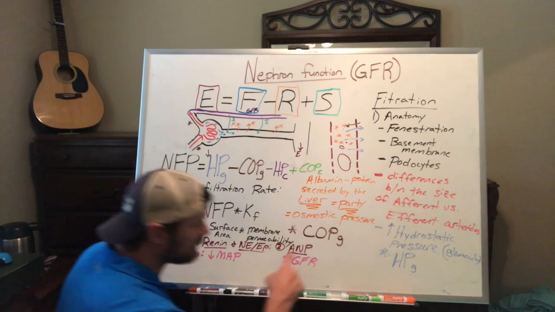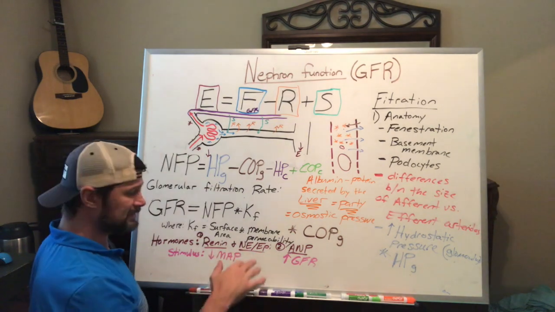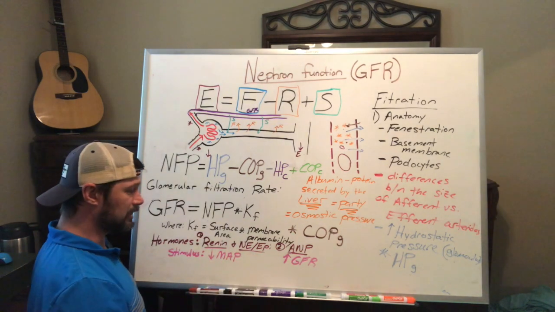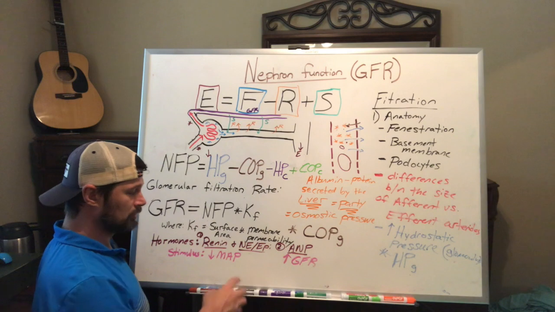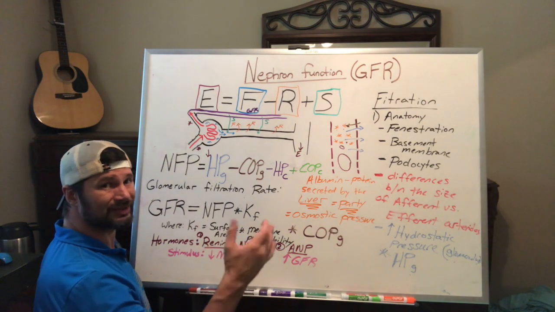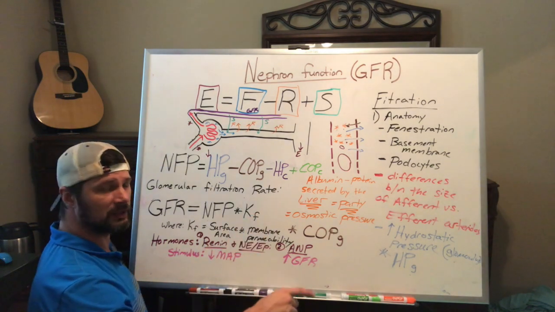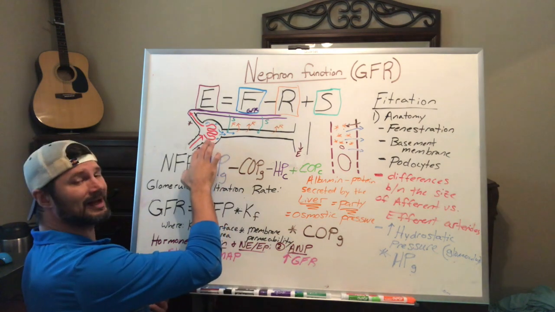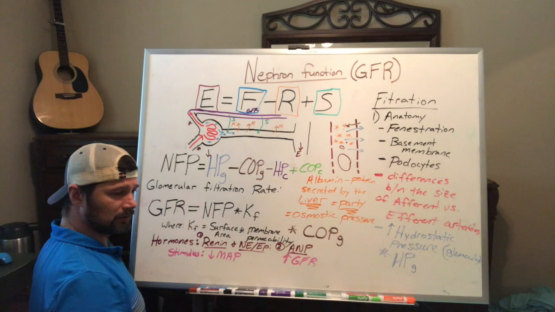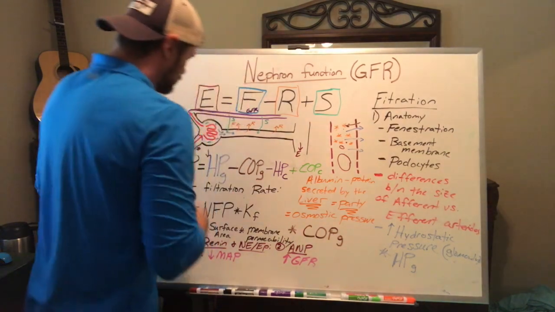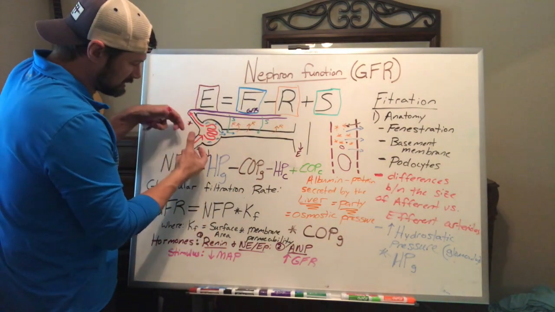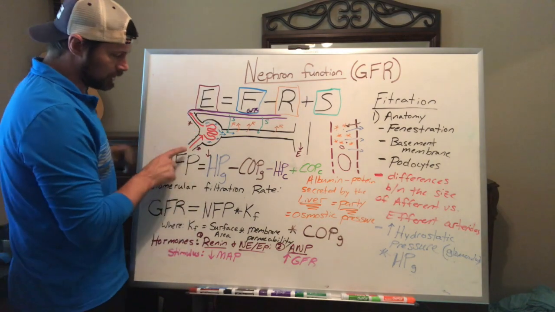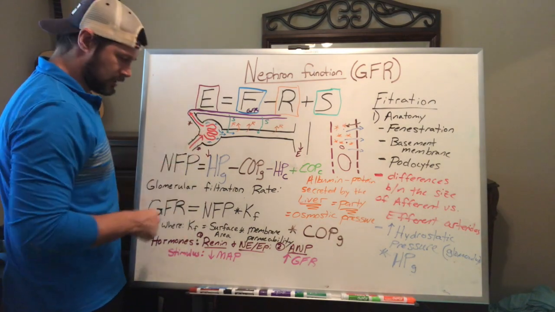Now, ANP does the opposite of norepinephrine, epinephrine, and renin. So look at your flow charts for these two hormones and then do the opposite for ANP. For instance, ANP causes vasodilation of the afferent arteriole. So if the afferent arteriole vasodilates, it gets bigger in diameter, more blood flows in.